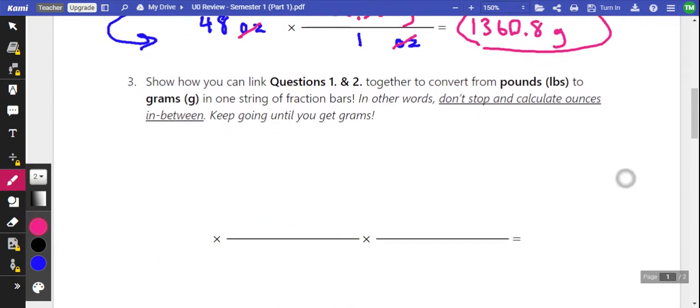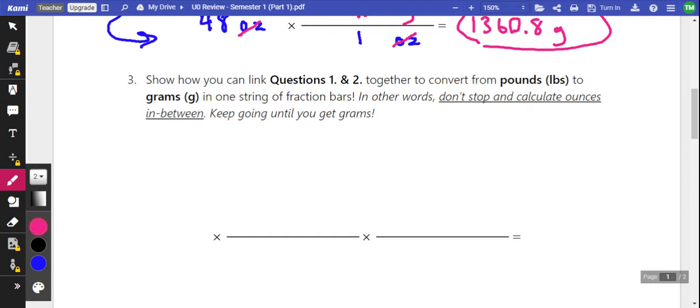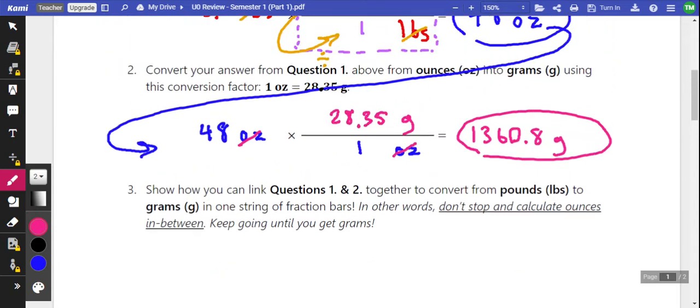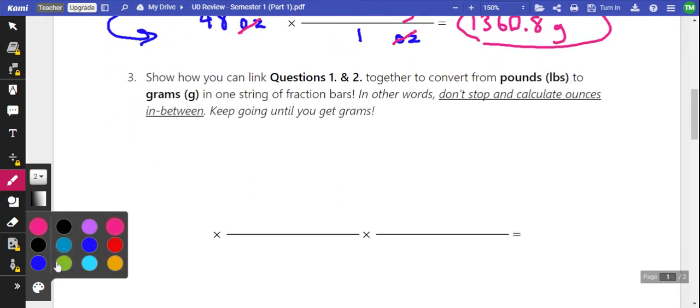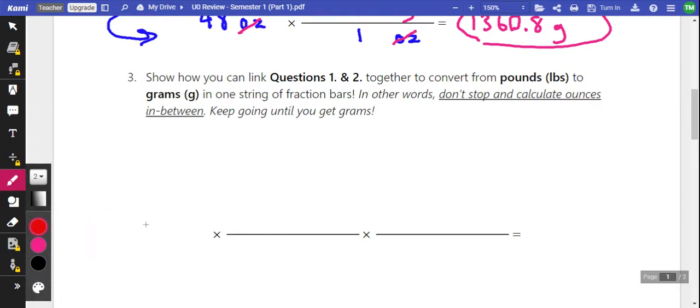Okay, so in this case, we have 2 fraction bars here, and they're kind of butted together. So we're going to start back from where we started in question 1 with 3.0 pounds. Just like before, I want to get rid of pounds first, which means that has to be my first unit on the bottom of this first fraction bar.